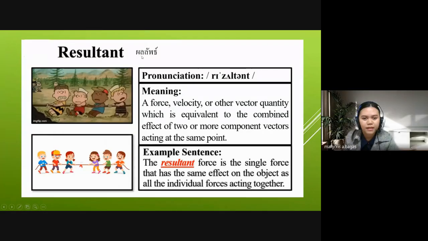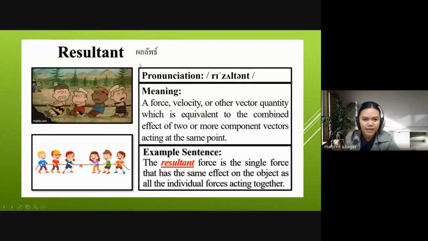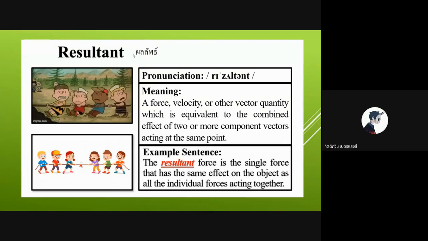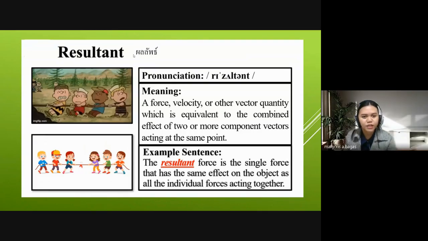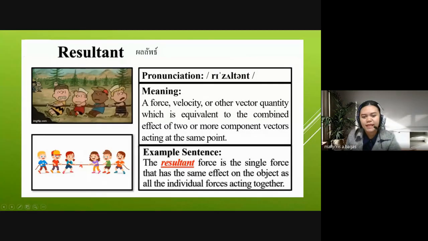Resultant means result in Thai. Okay, write the Thai translation on your notebook, beside the word. Okay, example sentence.